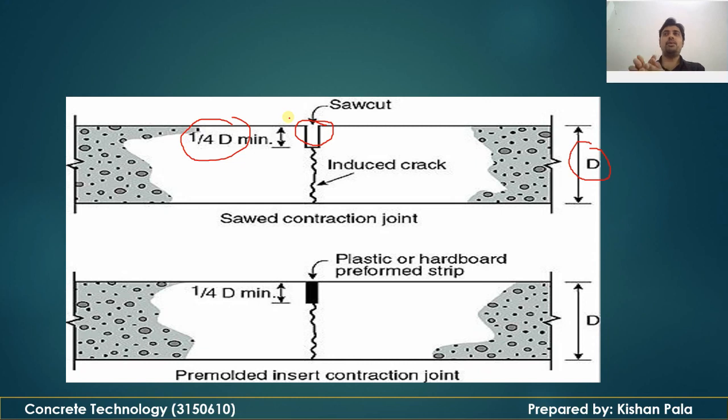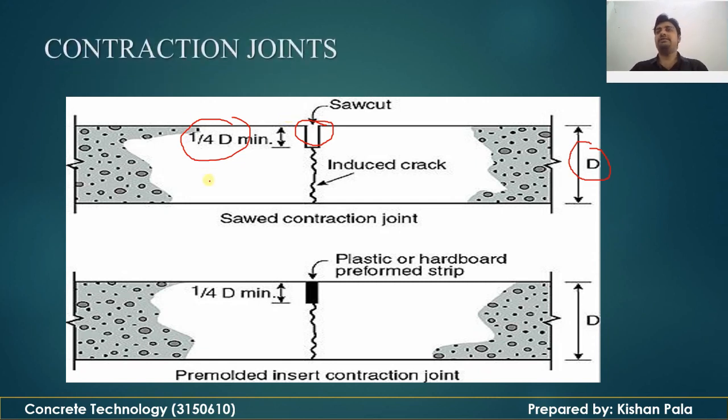You just have to provide the timber plank or any thermocol, and after the hardening of the concrete you have to remove that, and you are preparing this type of groove. This is the contraction joint, and it prevents the shrinkage effect, and it prevents the cracking of the concrete. So it's also known as the control joint.